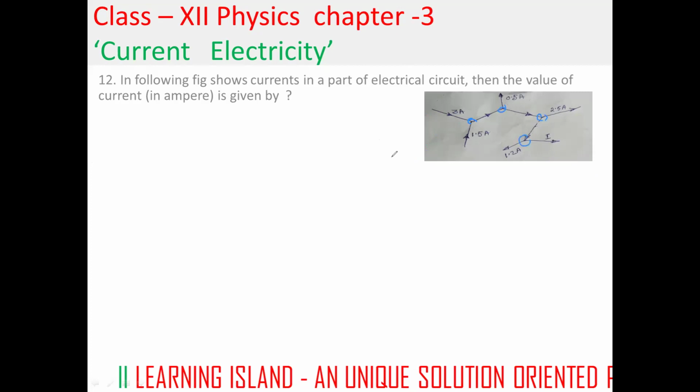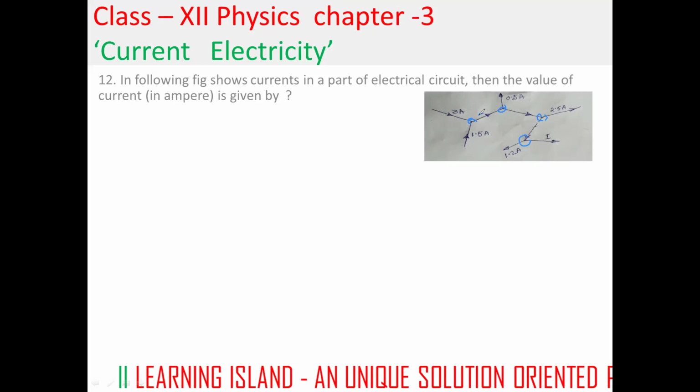Kirchhoff says that the inward current and outward current at a junction is same. This is the inward current, 3 ampere and 1.5 ampere are the inward current, and outward current is this one.